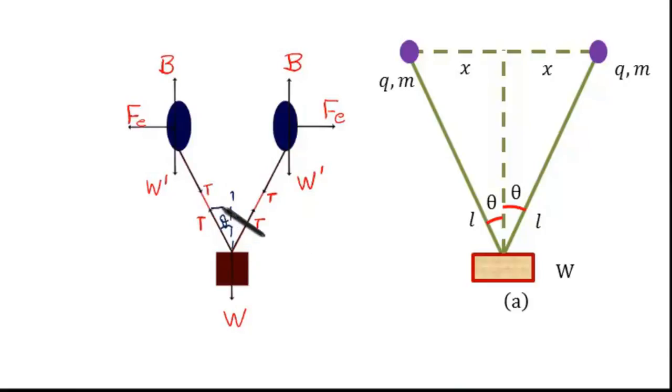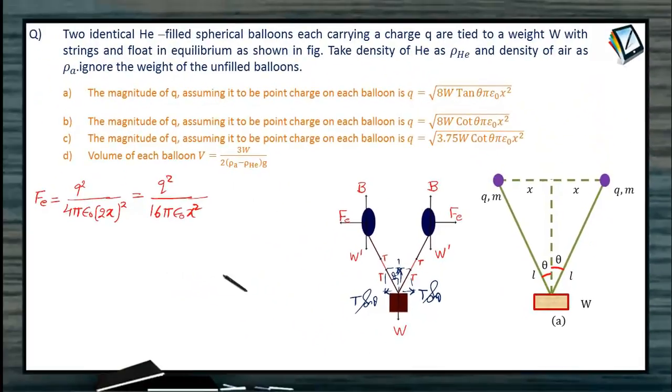So the component of T in this direction is T cos theta, and the same for the other tension. The horizontal components of T are T sin theta, which cancel for this block, and the rest, 2T cos theta, balances the weight of the block. This equation refers to the equilibrium of the block only.